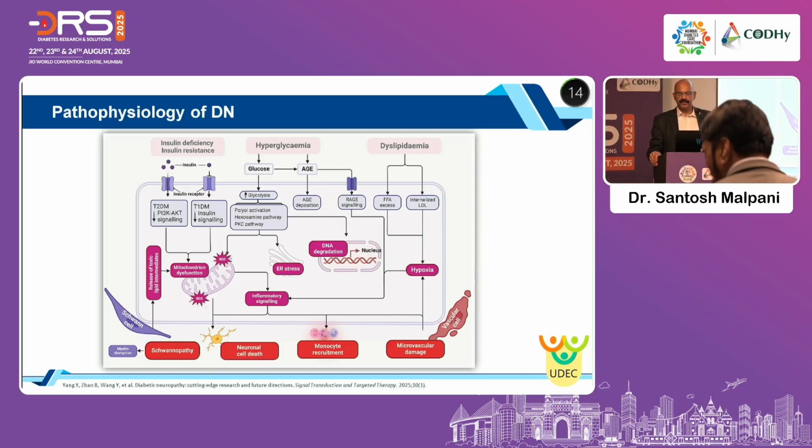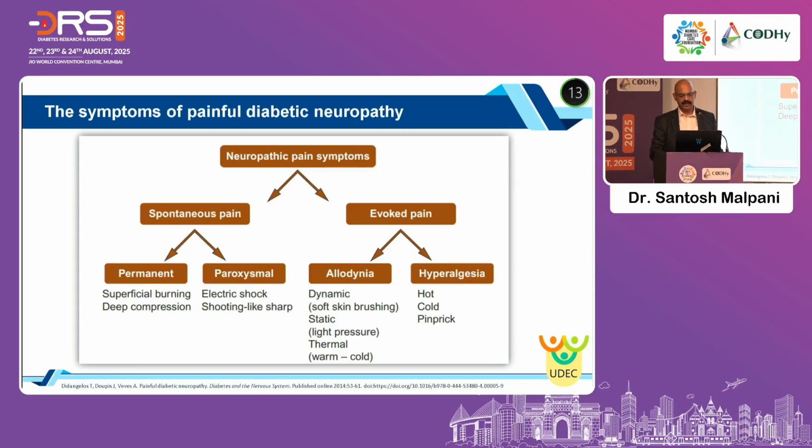Also dyslipidemia, uncontrolled influx of free fatty acids and increased LDL in the intracellular milieu will lead to hypoxia, DNA degradation, and endoplasmic reticulum stress, and that will lead to decrease in the microcirculation and Schwann cell injury, and this in turn will lead to the faulty signaling, and that will lead to the peripheral neuropathy.